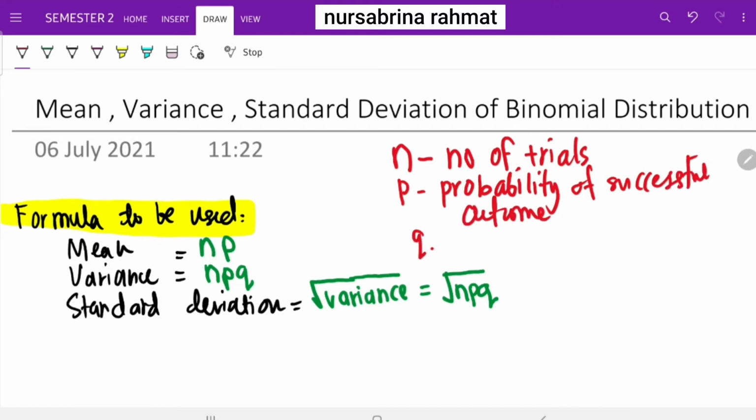And q is the opposite, the probability of a failure outcome.